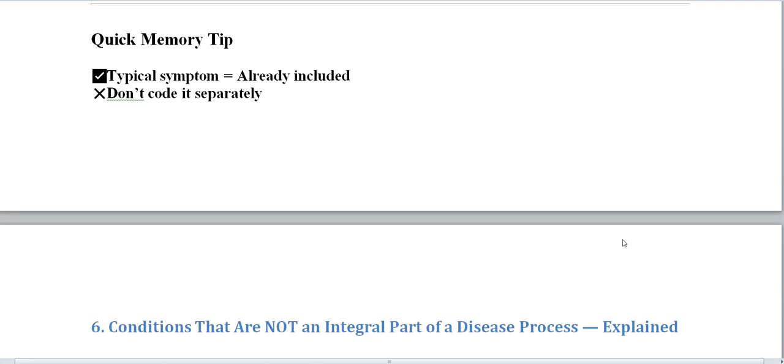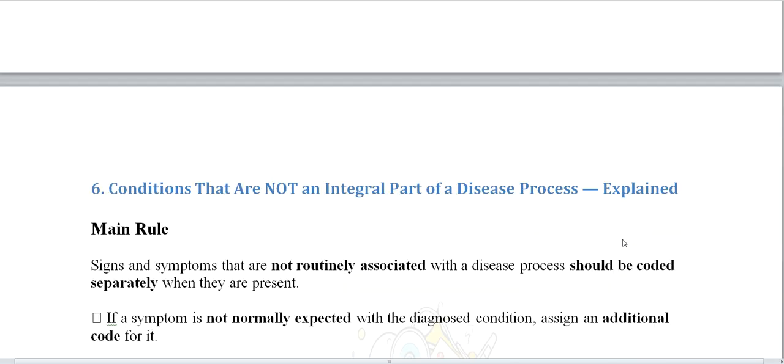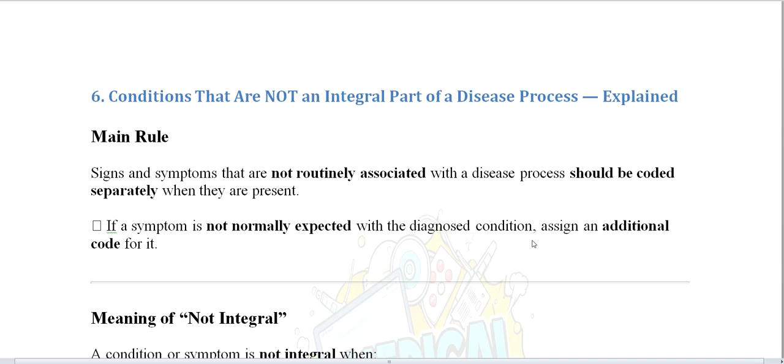So, what is the quick takeaway? Typical symptoms already included, do not code separately. So, sixth heading, conditions that are not an integral part of the disease process. Main rule: signs and symptoms that are not routinely associated with the disease process should be coded separately when they are present.